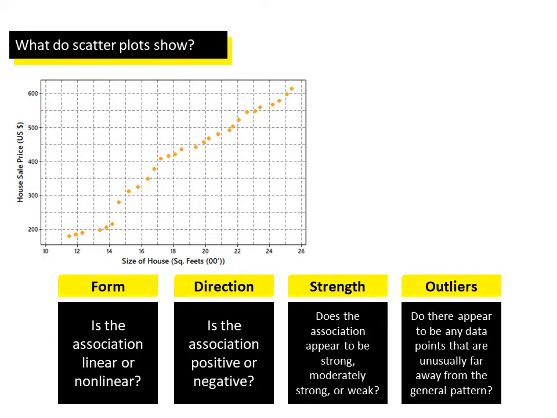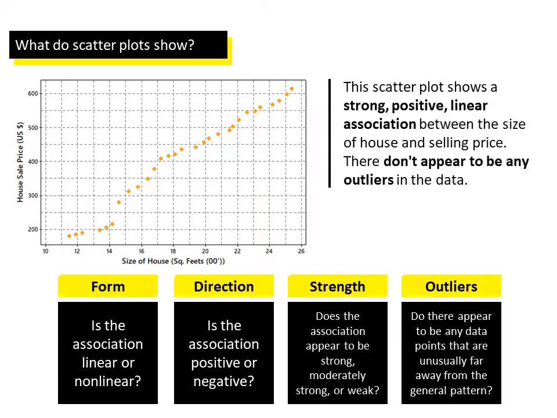And finally, outliers implies: do there appear to be any data points that are unusually far away from the general pattern? As an example, this scatter plot shows a strong, positive, linear association between the size of a house and its selling price. There don't appear to be any outliers in the data.